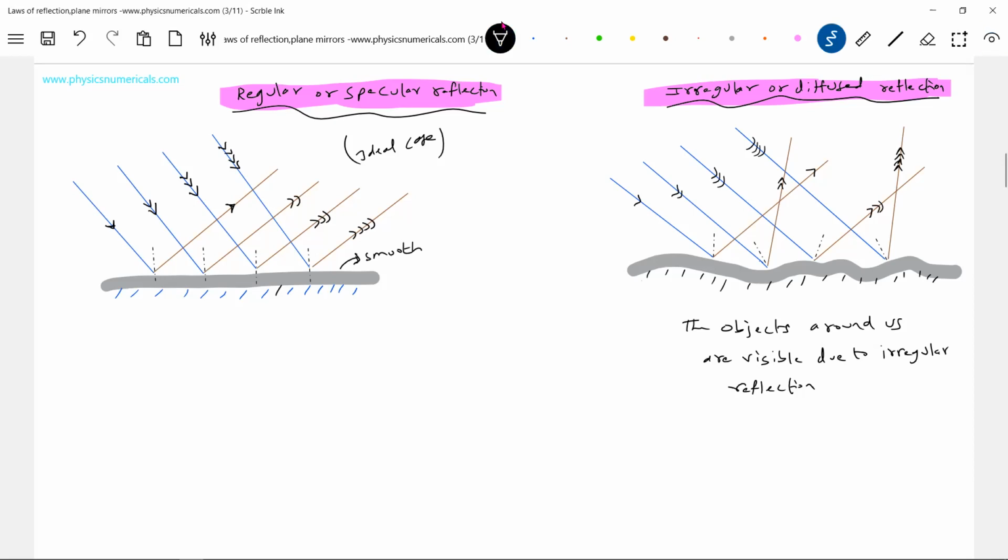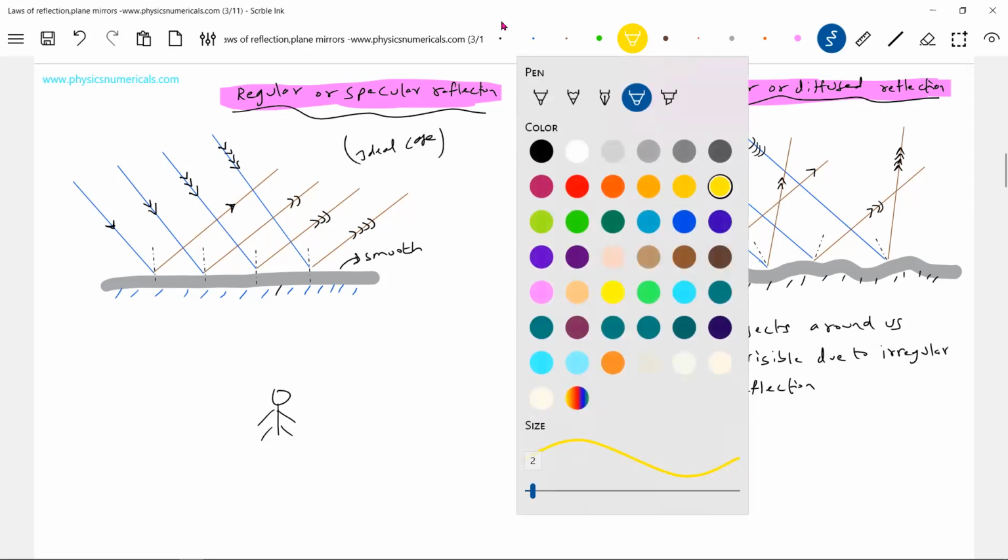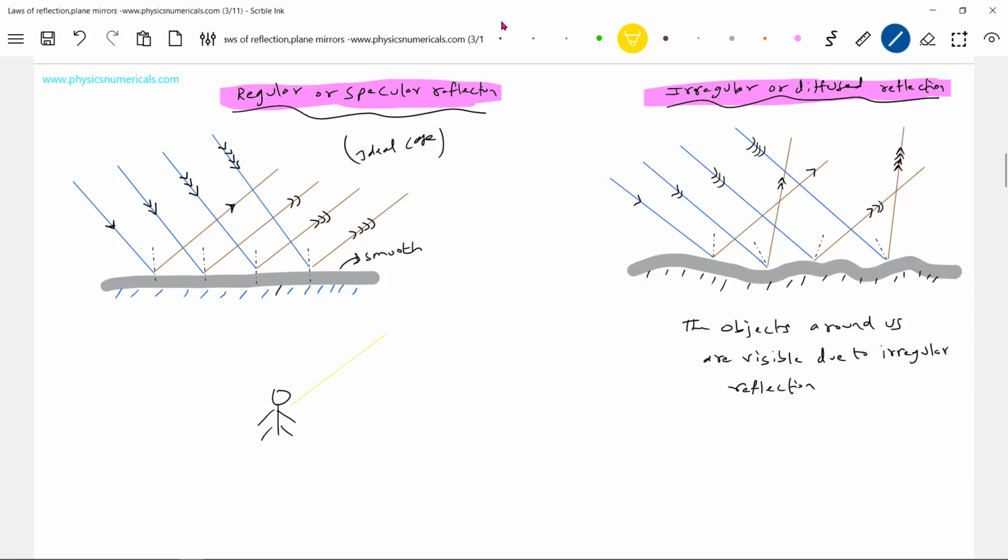Okay, let's assume a person is standing in sunlight. Sunlight will be incident on him. Then take any other object, like a flower.